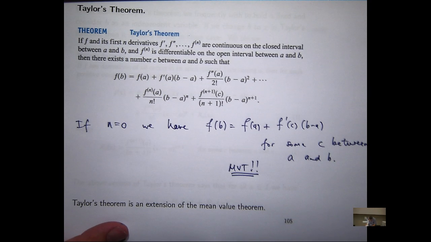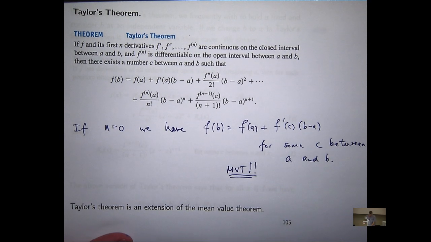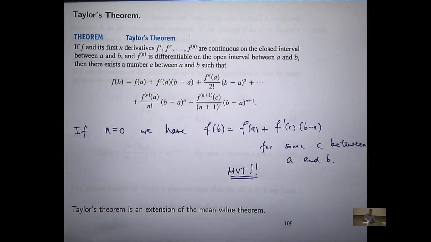It's the MVT. So Taylor's theorem, as it's stated here, is just a generalisation of the MVT, the mean value theorem from first year. You're just taking more derivatives, essentially.